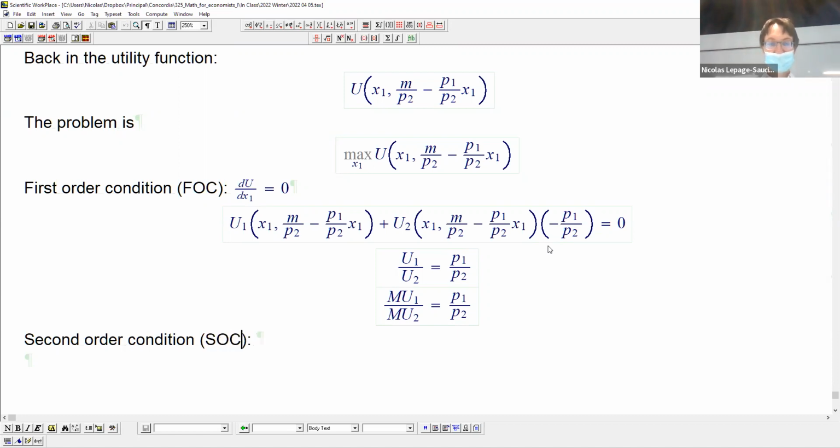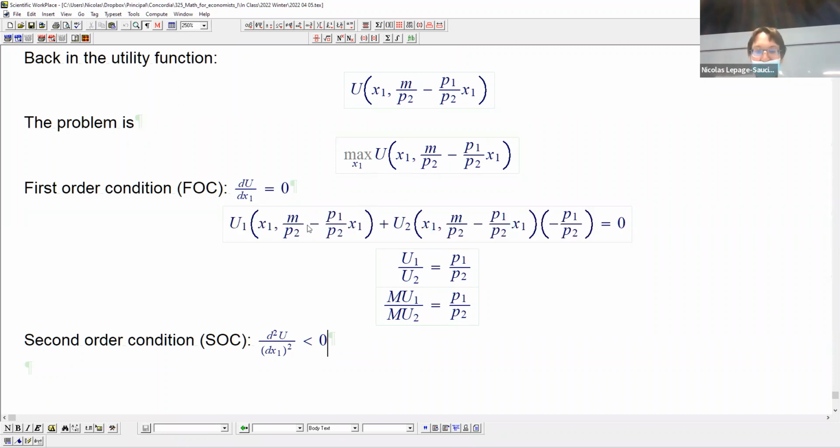If I want a maximum, I want d squared u over dx1 squared to be positive or negative? Negative. Okay, good. So we're following. So let's do that.